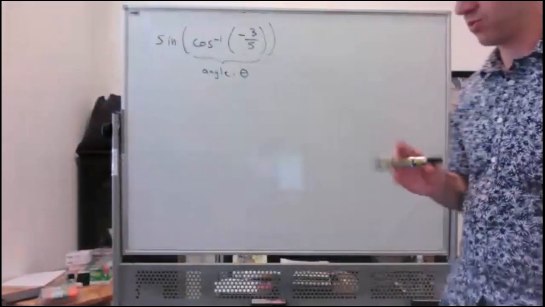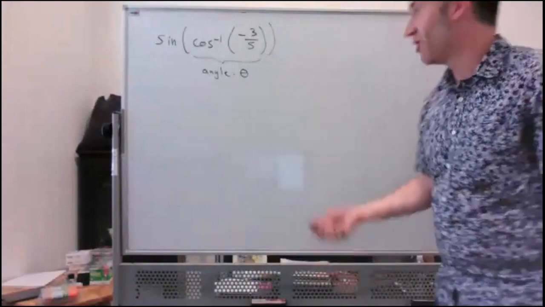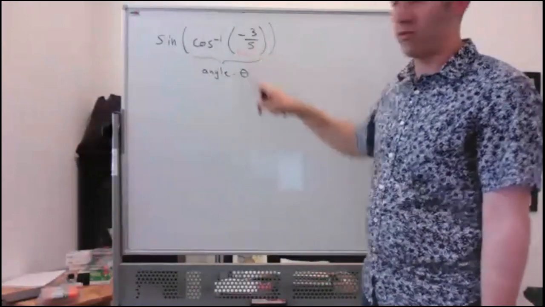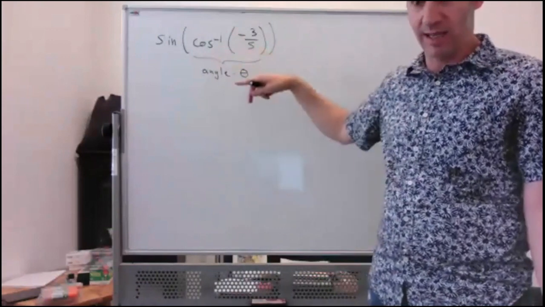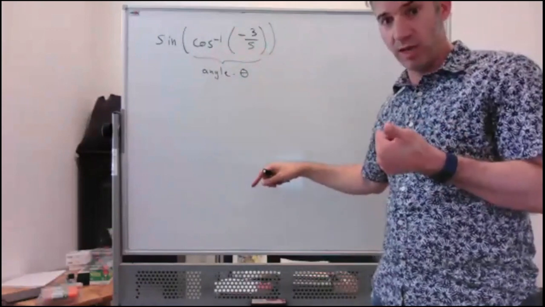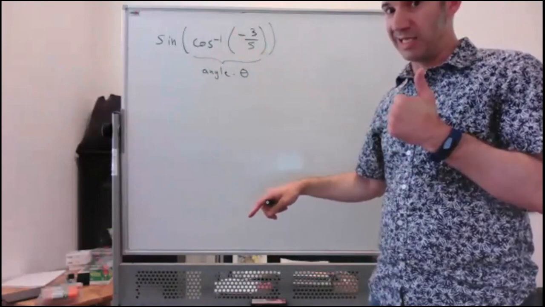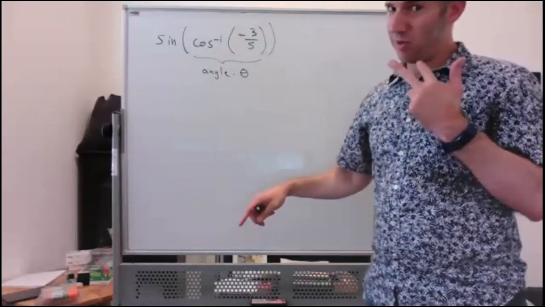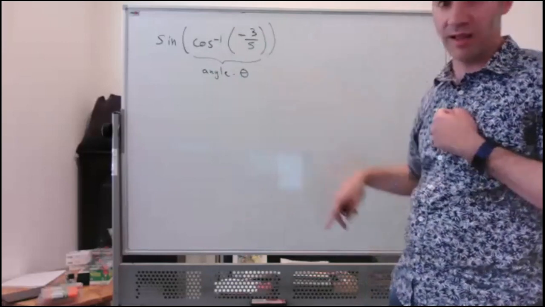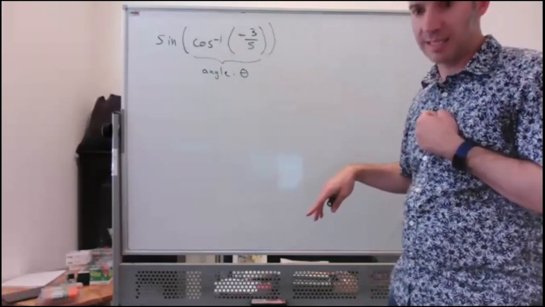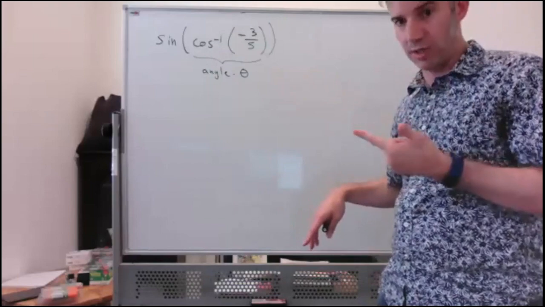And I want to ask, what quadrants could this angle be in if I'm taking the inverse cosine to get it? It could be in quadrant 1 maybe, or is it quadrant 2 or quadrant 4? What quadrants is inverse cosine allowed to be in? Exactly, quadrant 1 or quadrant 2.